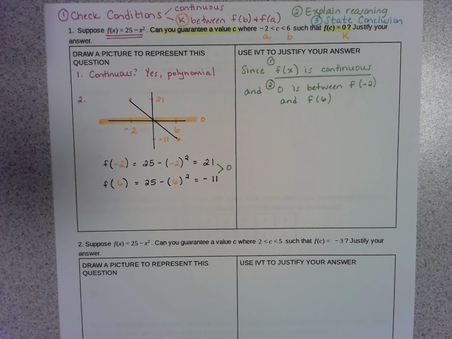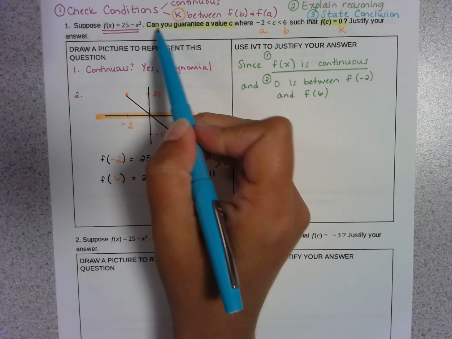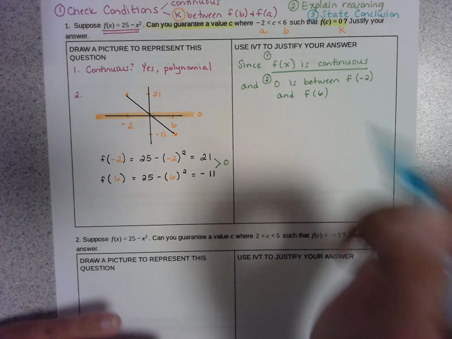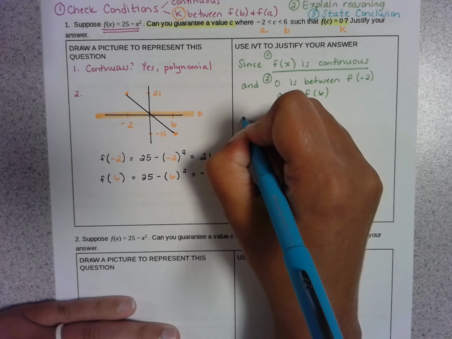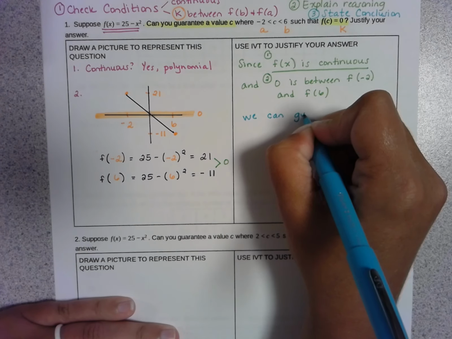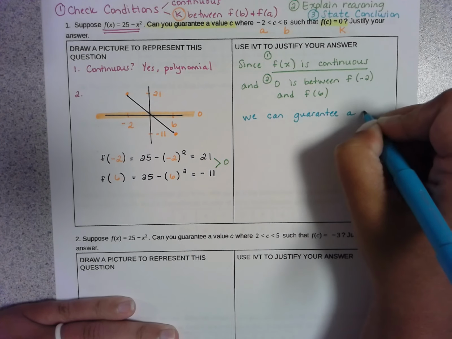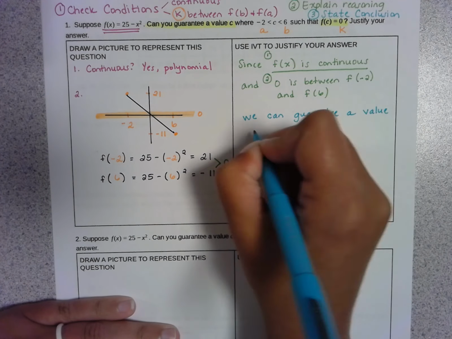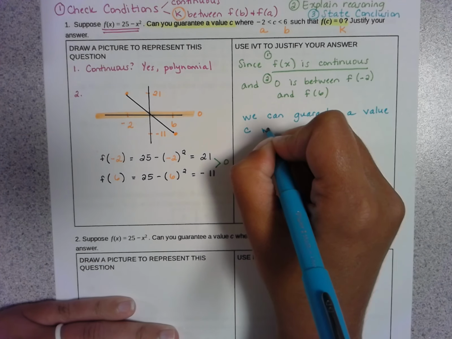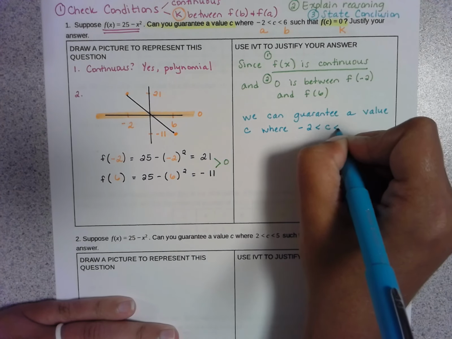Now, what can I say as a result of that? So what is my conclusion? My conclusion is the answer to this question. Can you guarantee a value C? We would say, we can guarantee a value C where negative 2 is less than C is less than 6.